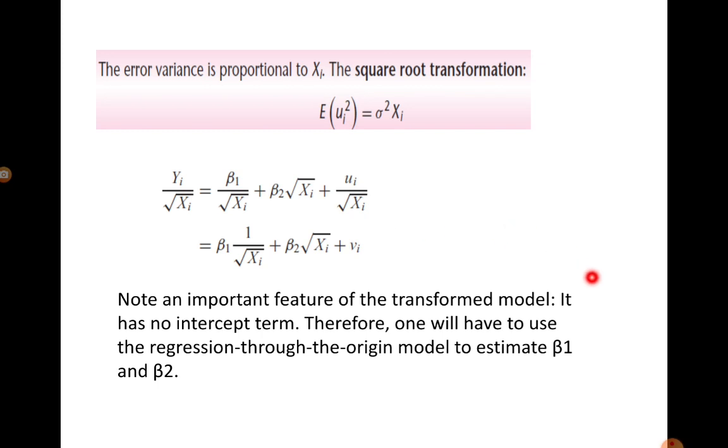You should remember, if you ever have to run this kind of transformed regression on a statistical package, you will have to use the regression through the origin option. Whenever you are running a model without the intercept term, it is called a regression through the origin model to estimate beta 1 and beta 2.